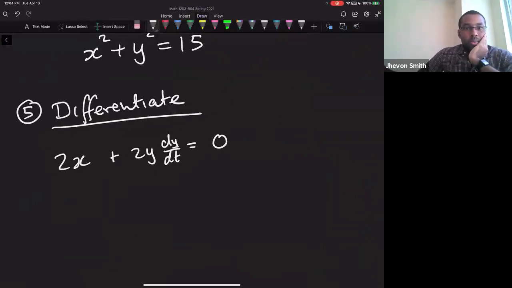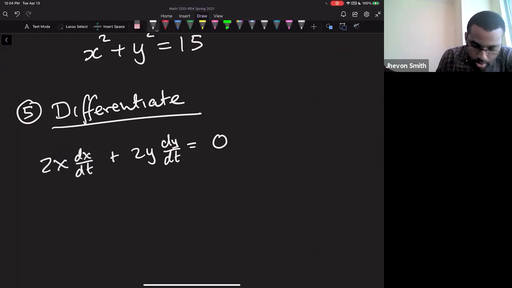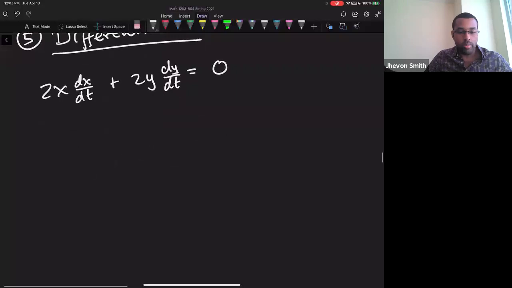So it's 2x times x prime. You need an x prime because x is not T. It's not an independent variable. It is a function of T. So it's 2x dx dt. Related rates, T is always the independent variable. Anything other than T is what you have to multiply by a prime, including x. I know you're used to x being the independent variable. Doesn't apply here. T is always the independent variable for related rates.